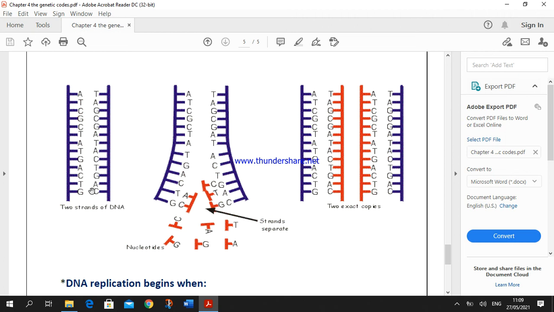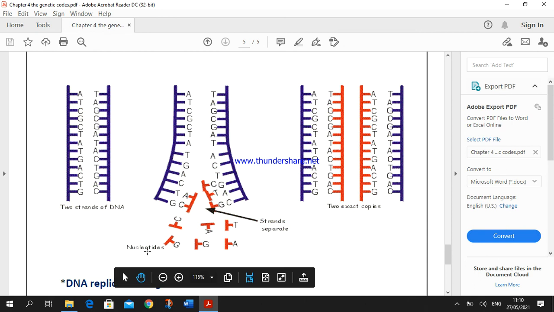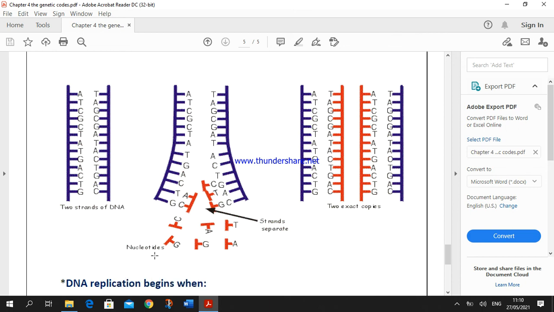What happens in the first step? The two strands of the DNA molecule unwind, unzip, and separate between the nitrogen bases. Then the free nitrogen bases found inside the nucleus begin to pair up with the bases on each half of the DNA.